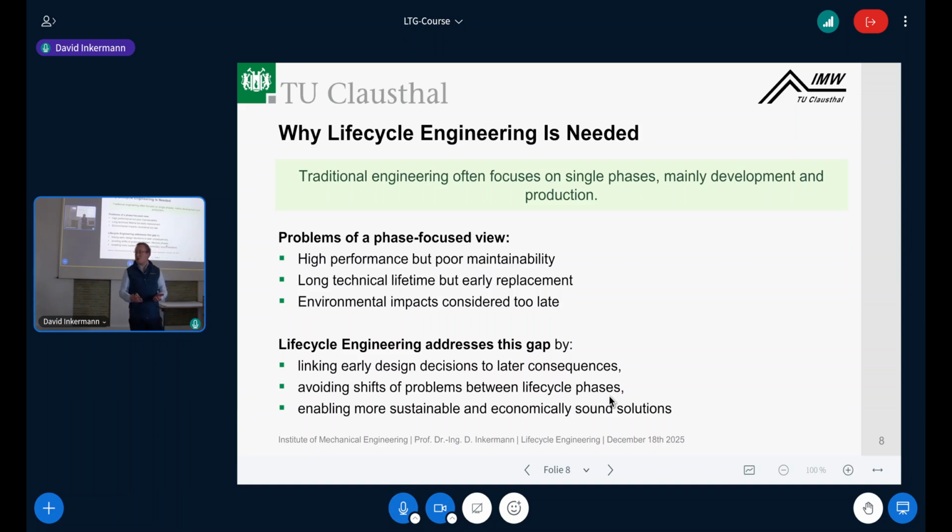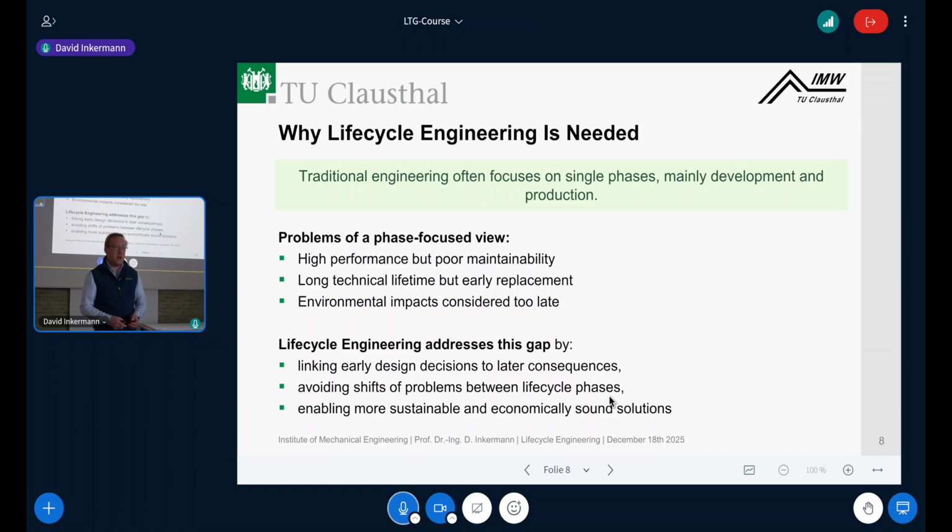I think that is what you can apply to your smartphone or other products, that these are not designed for being maintainable by end users, for instance, or we have a long technical lifetime, but replacement is done before, like we have discussed in the wind turbine. And also the environmental impacts are maybe considered too late in the design, and that is raising questions. And that is exactly what life cycle engineering should address.